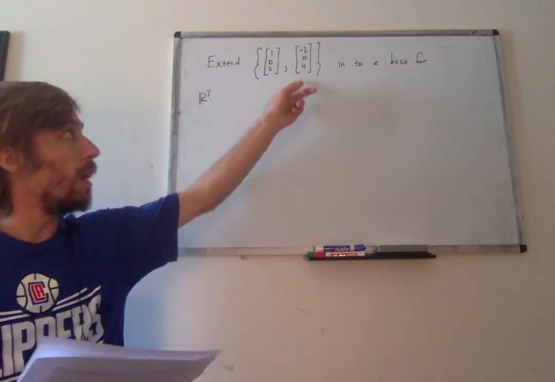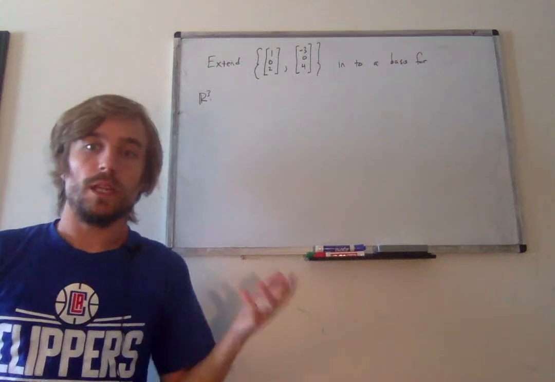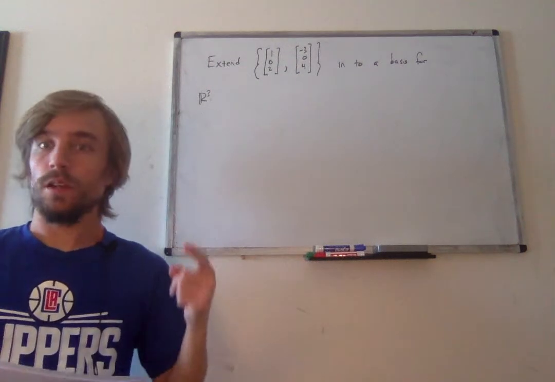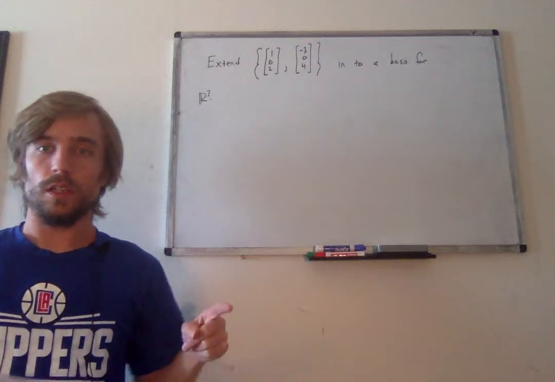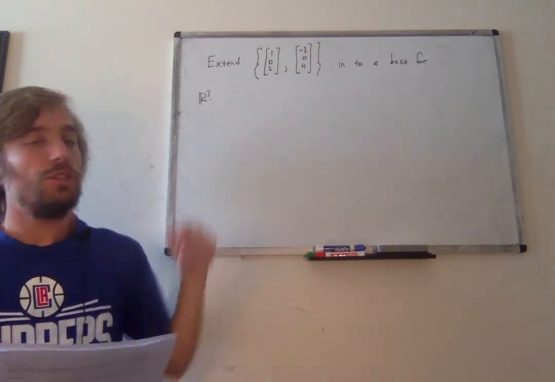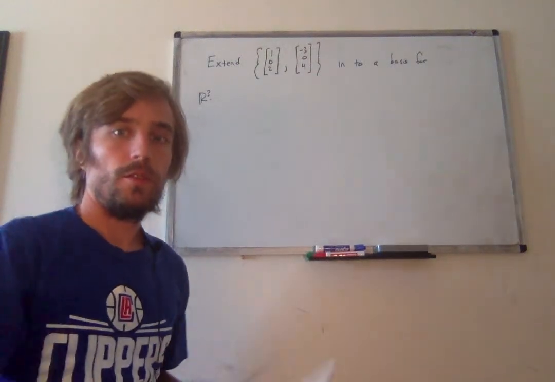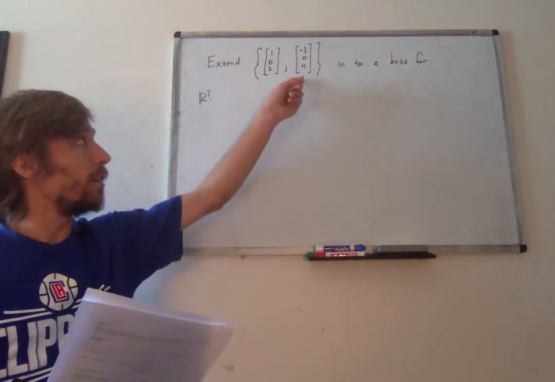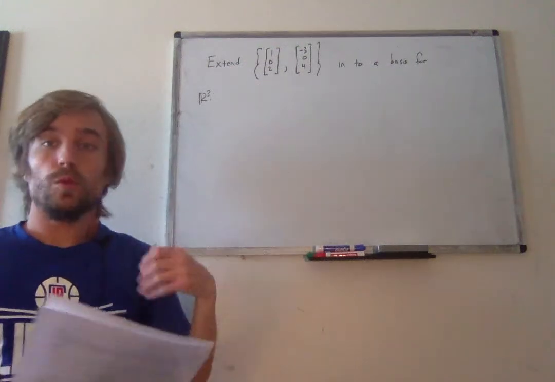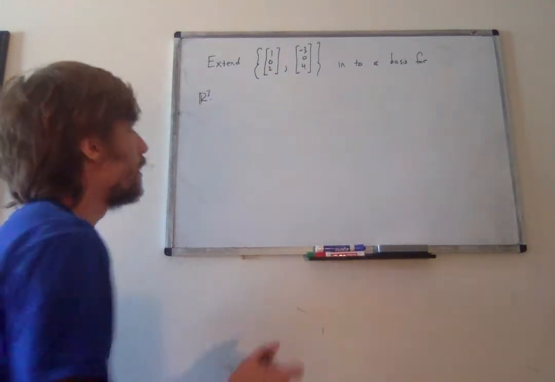Certainly we can eyeball these vectors and see that they're linearly independent because they're not scalar multiples of each other. And so what theorem 11 tells us is that all we have to do is find a single vector that is linearly independent from each of these vectors, and we'll be able to extend this into a basis.